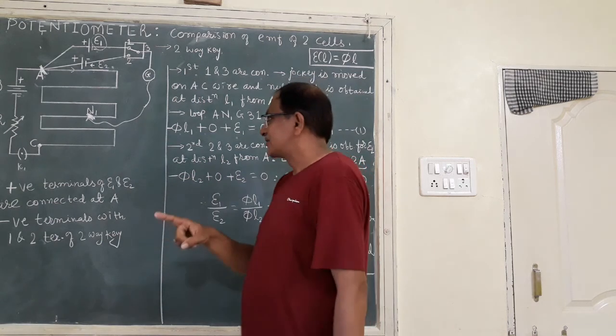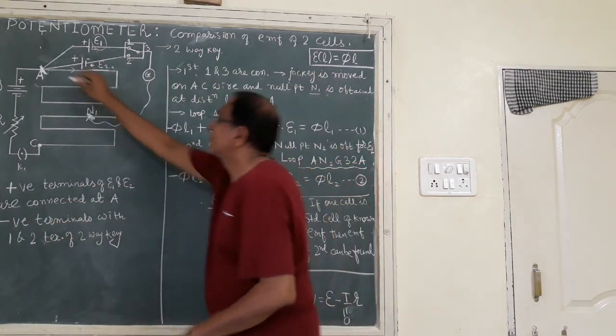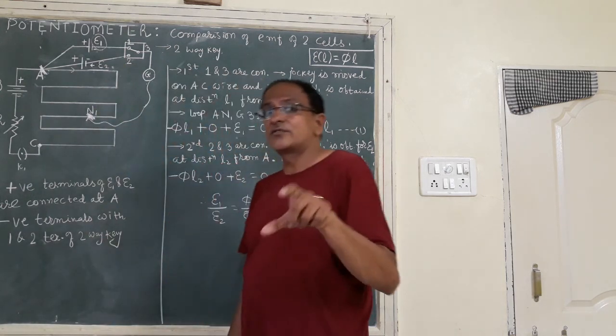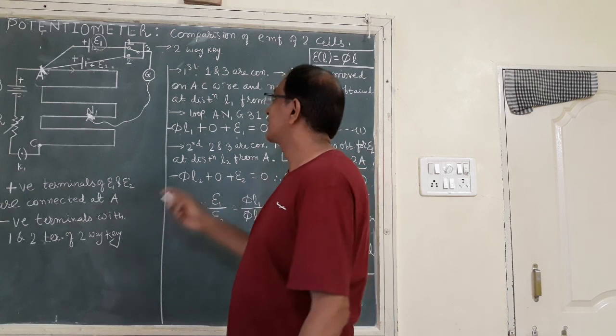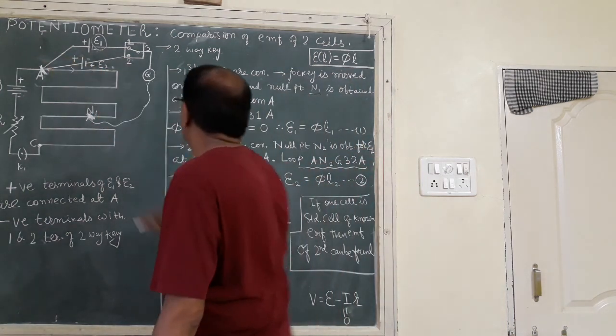What is the potential difference between A and N1? It is phi into L1, because phi is the potential difference per unit length, and A N1 is equal to L1.